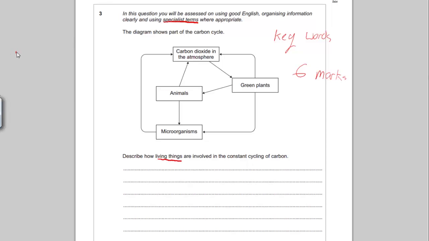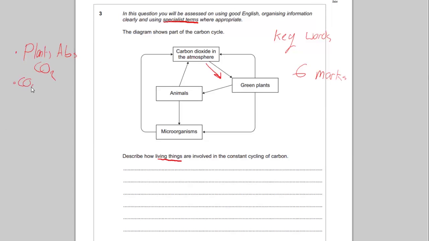So the first thing you need to be putting down is how carbon dioxide in the atmosphere gets to the green plants. And it's handy here because they show you exactly what's happening. So carbon dioxide in the atmosphere goes into the green plants. So plants absorb CO2.